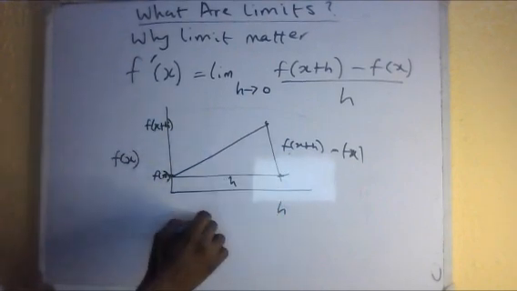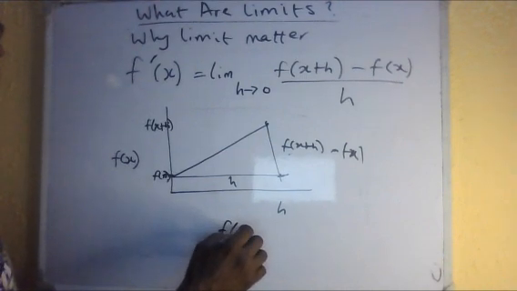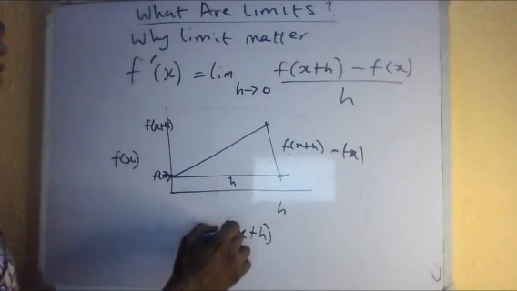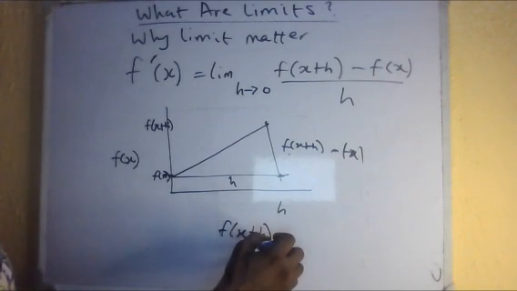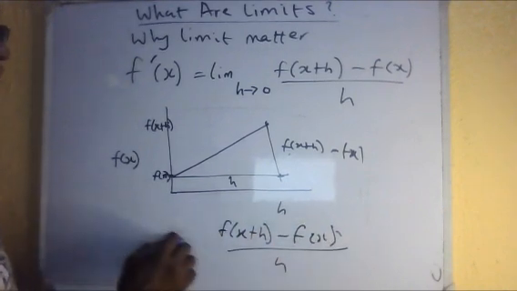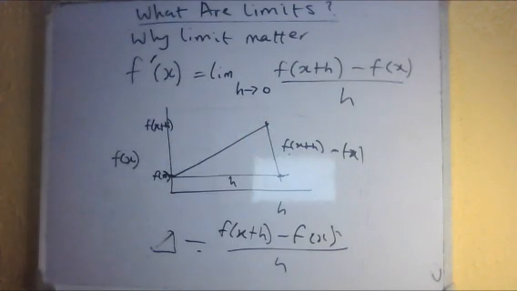So the rate of change is f of x plus h minus f of x all over h. So this is the derivative. This is the change, that's like the slope at the particular value.